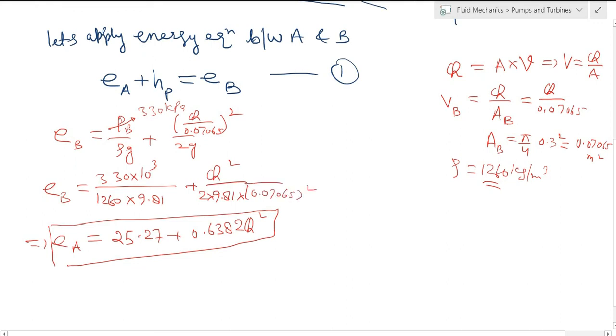Now when you solve all of this, 330 multiplied by this, this term is going to be 26.7.